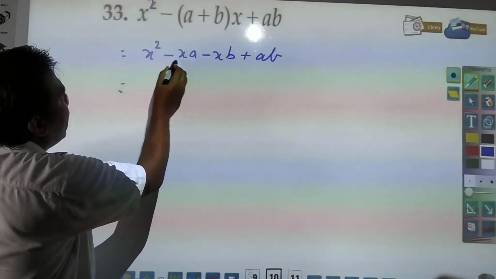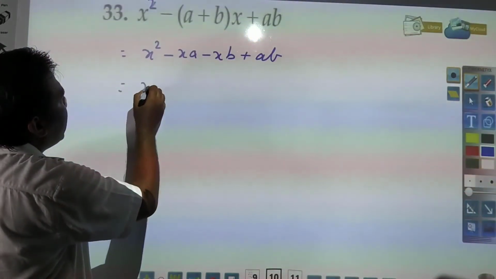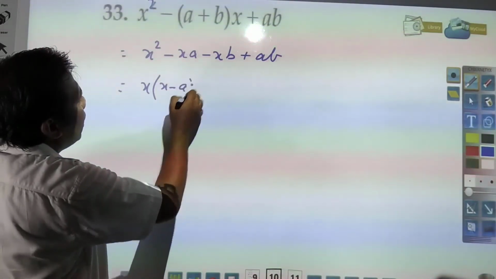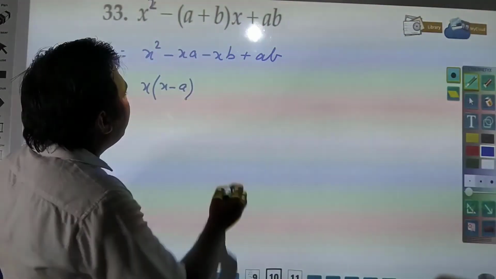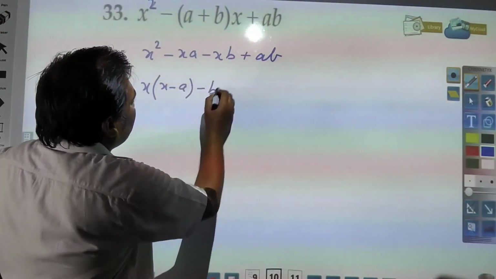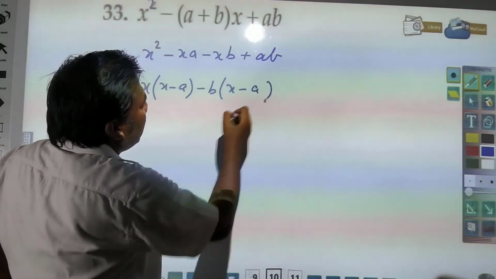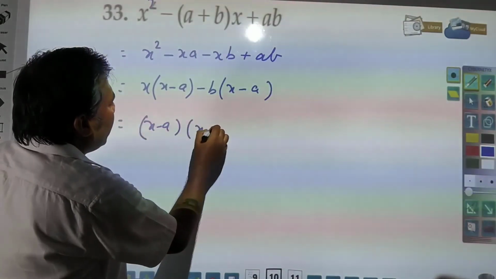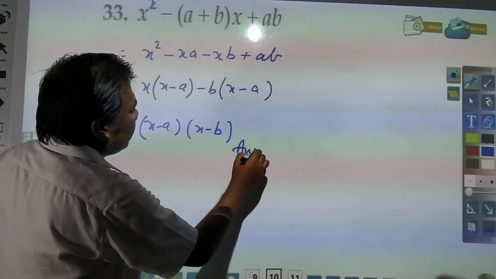Here you see if we will take common x, what we will get, x minus a, and here we have common b, so minus b you take, so you will get x minus a. Now x minus a and x minus b will be your answer.